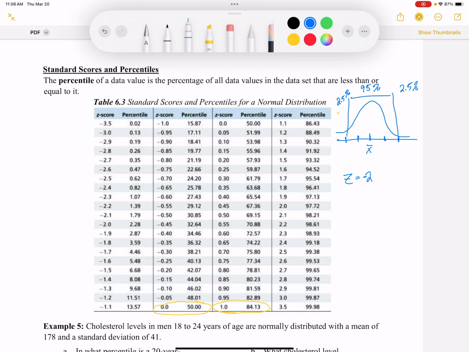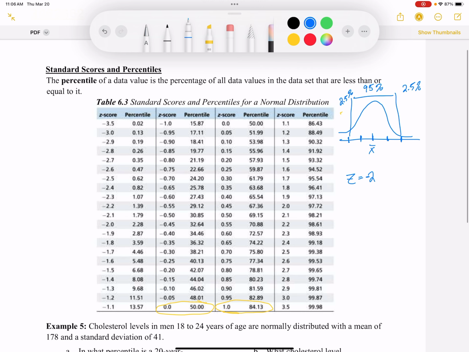So my z-score of -2 means I'm right here, 2 standard deviations below the mean. This means that I'm in the 2.5th percentile because only 2.5% of the data lies below that.